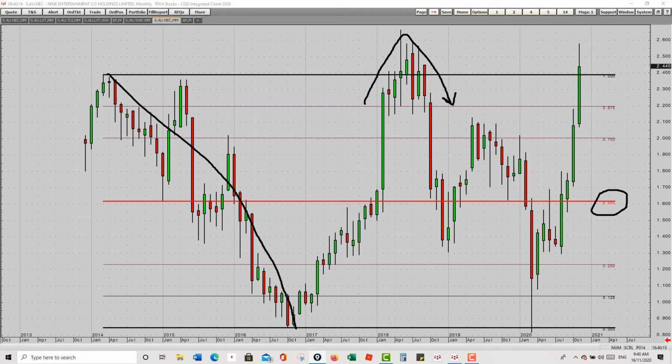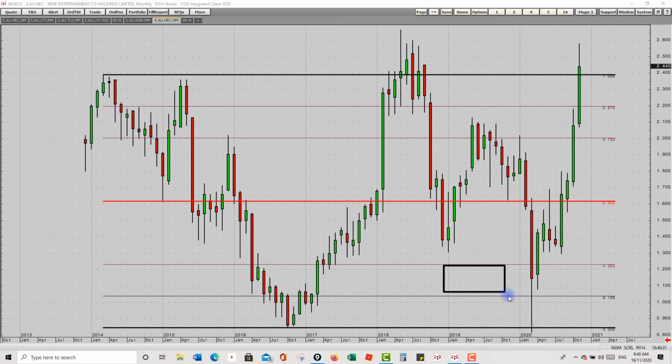And I also look for these buy and sell zones of the range. So this is that, the 12.5% to 25% and the 75% to 87.5% area of retracement of the wave.